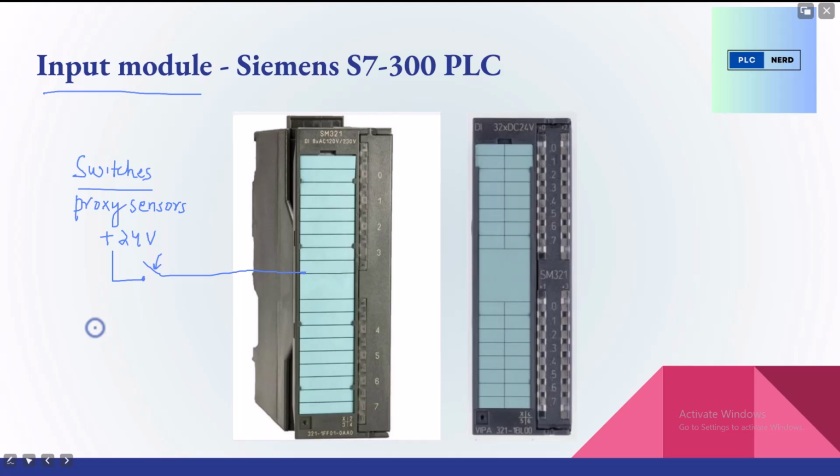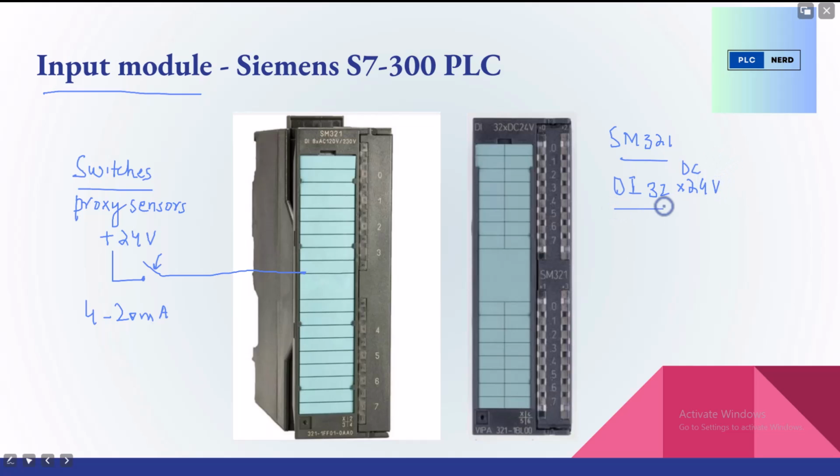We have analog input modules as well that take analog data in the form of 4 to 20 milliampere as an input to the PLC input module. So this is the SM321 input module of the S7-300 PLC, SM321. And over here you can see that DI32 x 24 volt DC has been written on the module.